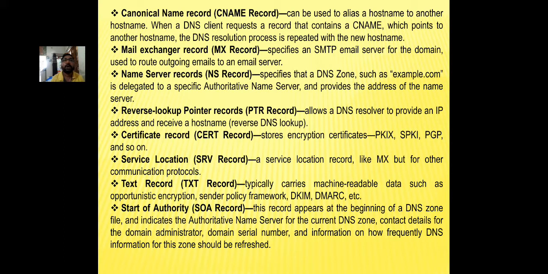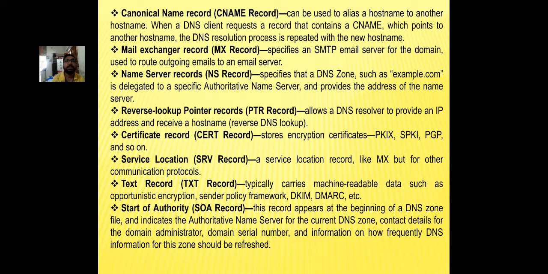Reverse lookup pointer record allows a DNS resolver to provide an IP address and receive a host name, for reverse DNS lookup. Certificate record stores encryption certificates: PKIX, SPKI, PGP, and so on.